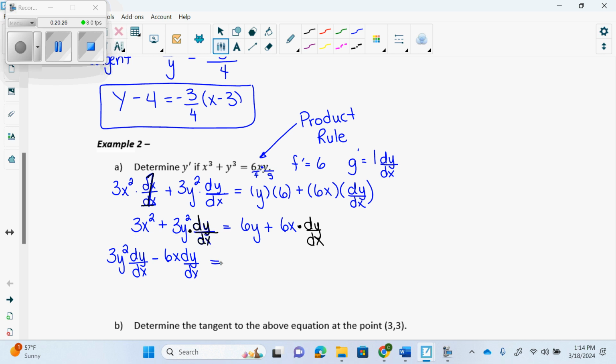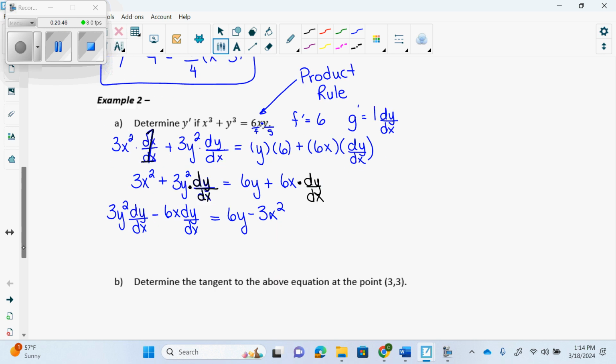And then I have my 6y on the right side, and I need to take this 3x squared and move it over by subtracting it. So I move the two terms that don't have dy dx's to the right, and I move the terms with dy dx to the left. We agree? Yeah? Okay, now I can take a dy dx out.